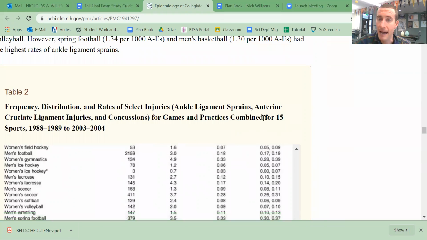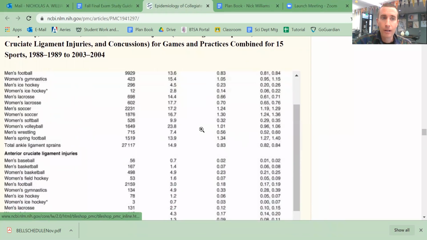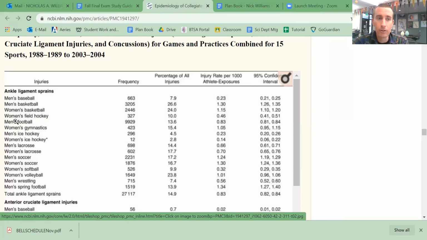All right, welcome back. Now let's come back on and let's take a look. And I'm going to focus on ones that really stand out. So for ankles, I'm paying attention mostly to the injury rate per 1,000 athlete exposures, although first I'm going to take a look at a row. So I'm going to focus on soccer because that's one that I'm familiar with, and lacrosse. So lacrosse, I see that ankles are 14 and 17% of the total injuries, and in soccer, they are 17% of total injuries.